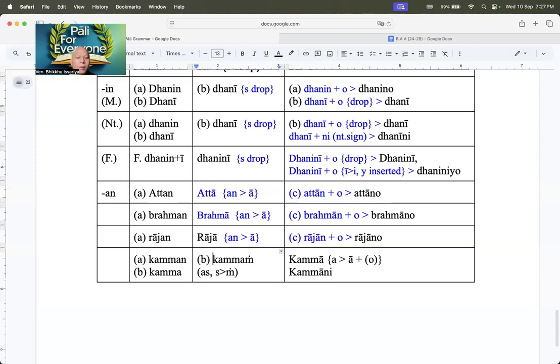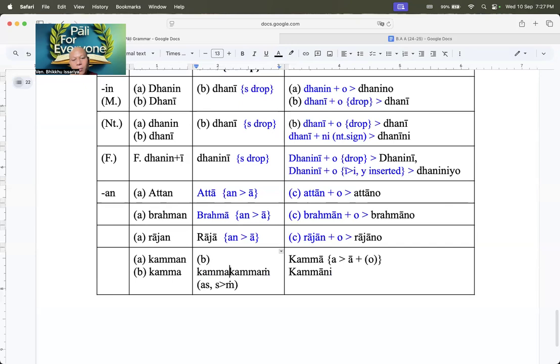B stem. So for example, gamma, after that the sa. But that sa is changed to negahita. That sa changed to negahita.